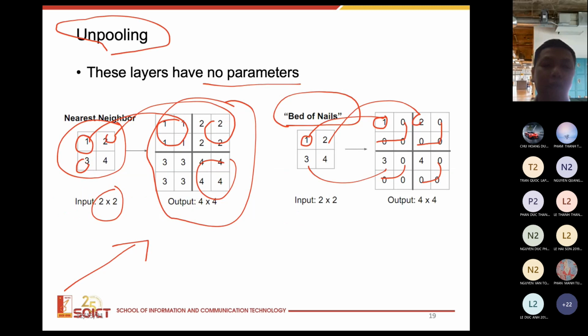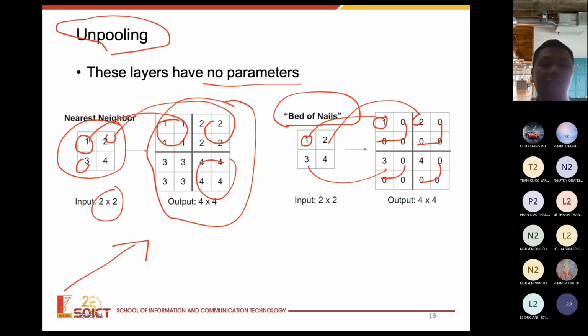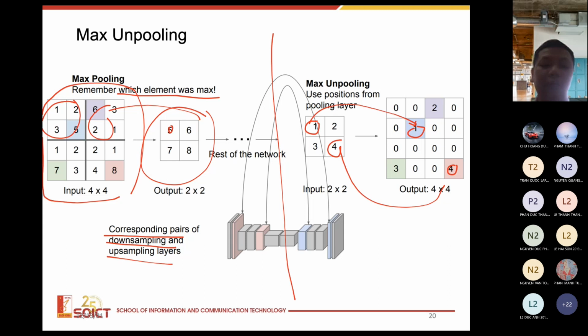The way we use unpooling and max unpooling here is a layer that has no parameters, so there is no way to learn. The way we unpool the input is somewhat strict and not flexible, and it might not be efficient.